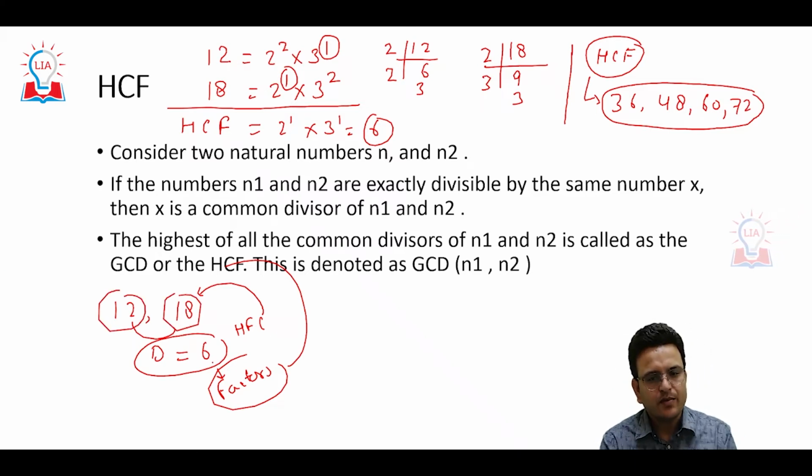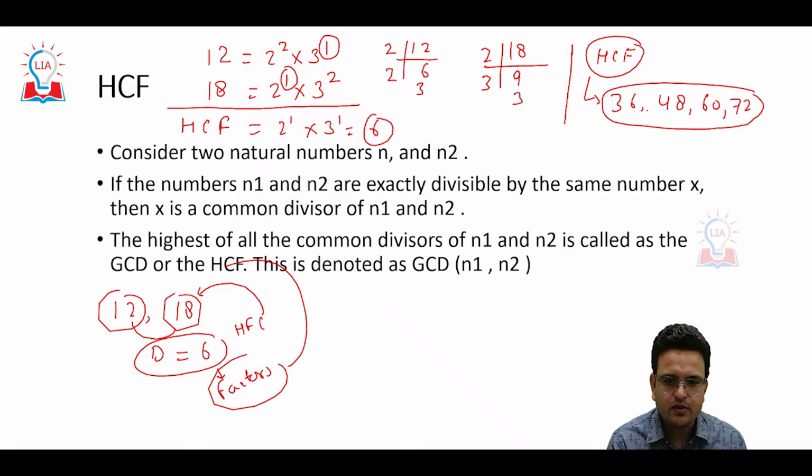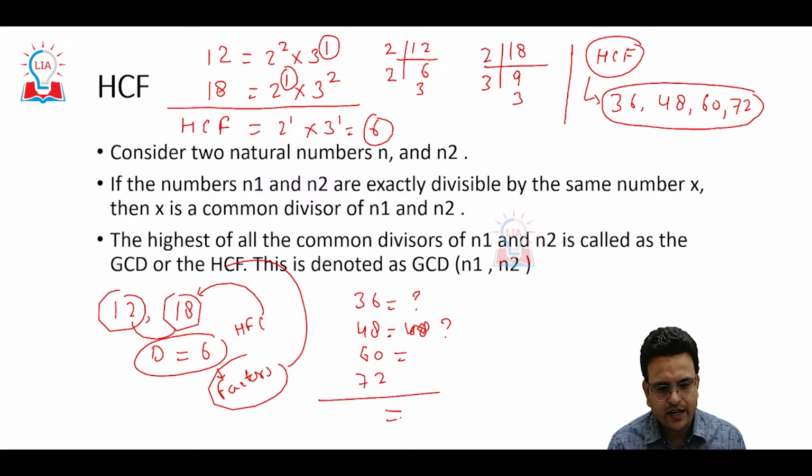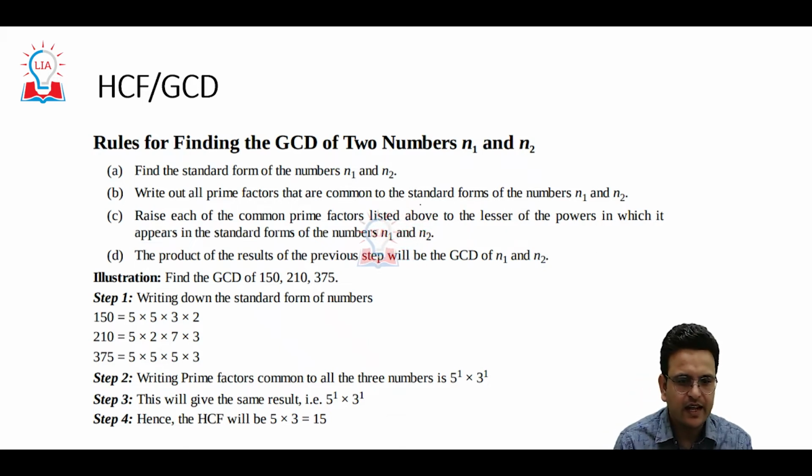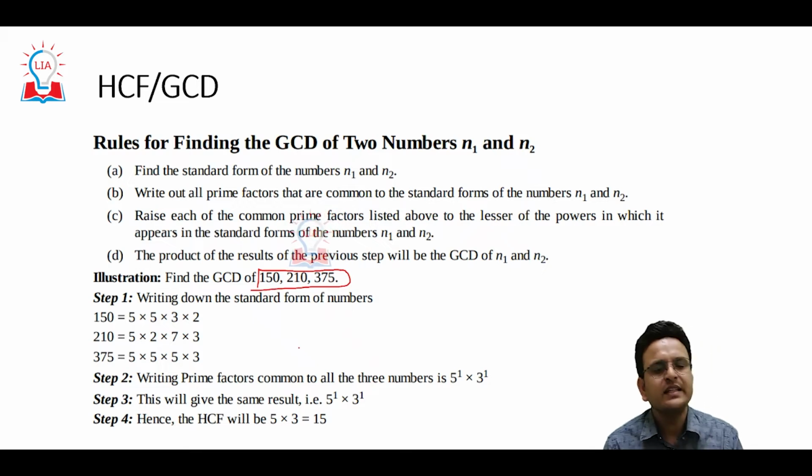So here you have to understand how we can get it. Here you can take the factors of 36, factors of 48, factors of 60, and then factors of 72, and then finally get the common factors. Again, I explained in this slide, try to understand how you can get it. Like we can take the numbers 150, 210, 375.